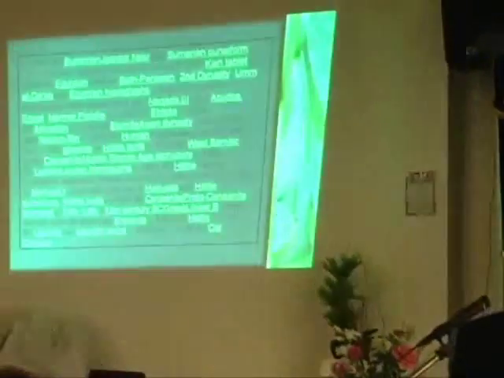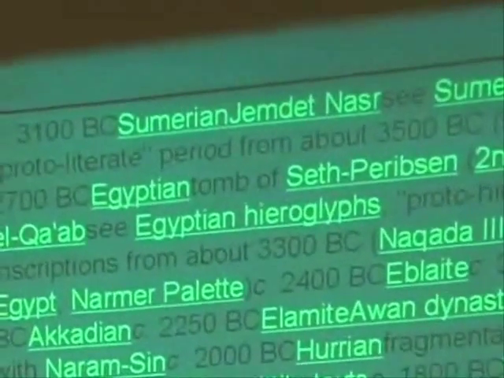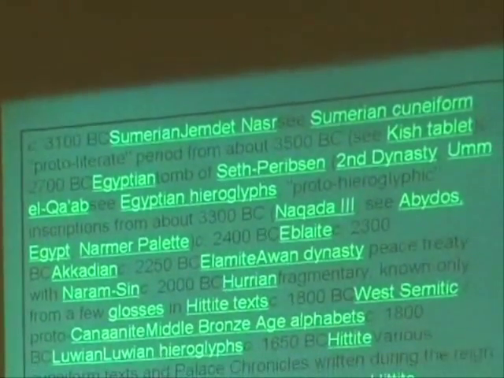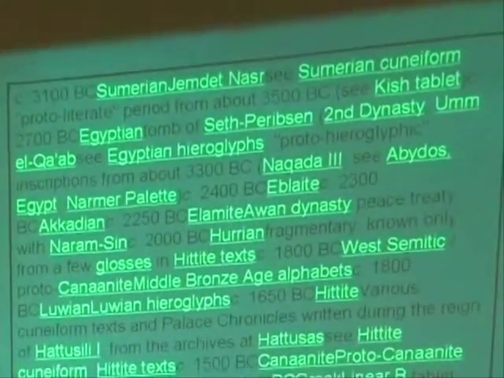Okay. I was going to put up a list of all the languages in the world, and I decided that we don't have the time to go through them because there are over 5,000. If you want to know how many languages there are in the world today that are spoken by some people, even by a few people, I think it's actually a little over 6,000, 6,700, 6,800.